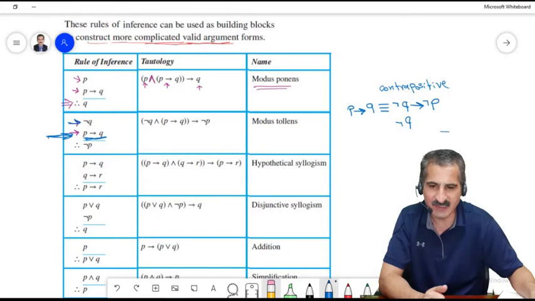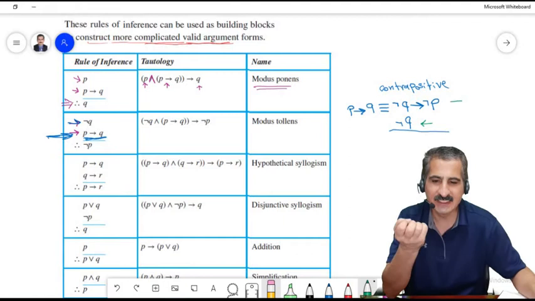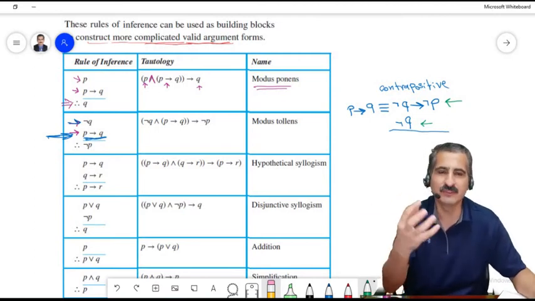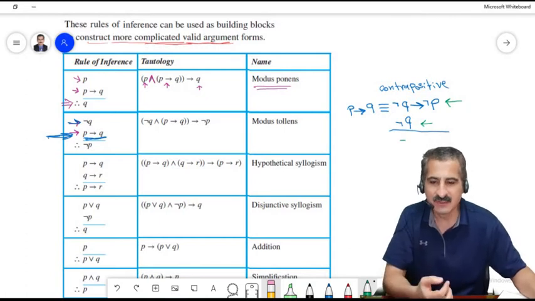So I have these two statements. Now look at them. We have not Q in hand. And this says if not Q, then not P. So if we have not Q, then we will conclude not P. But we already have not Q in hand, then we will have not P. So this is the conclusion, and it is here.